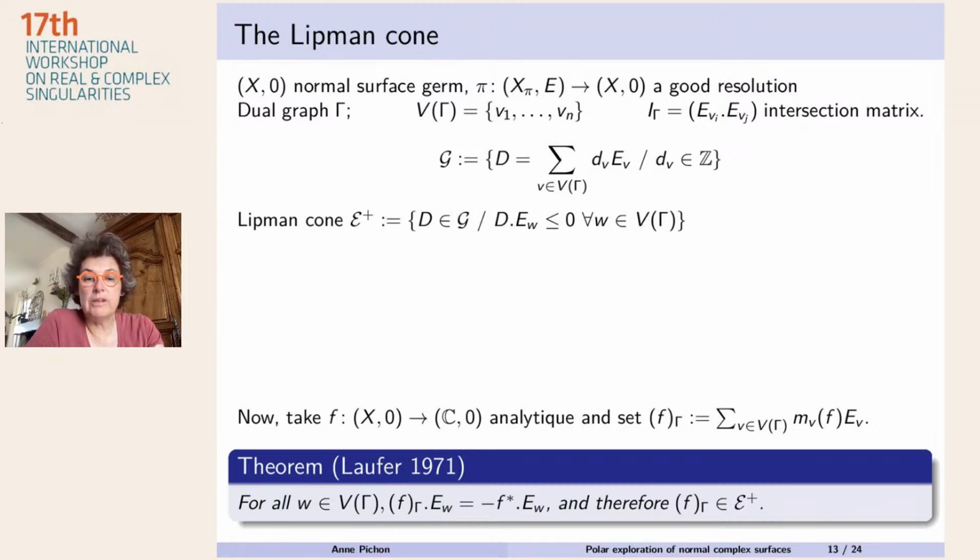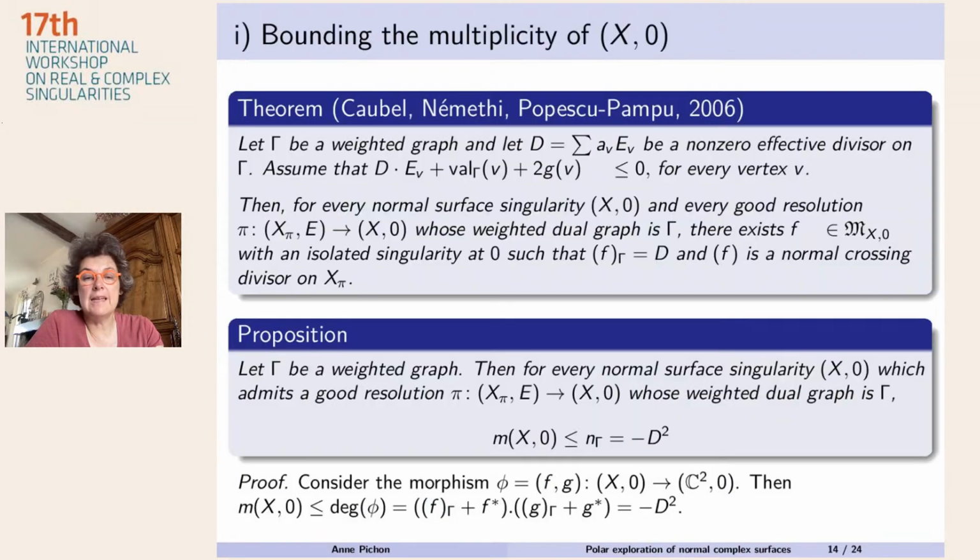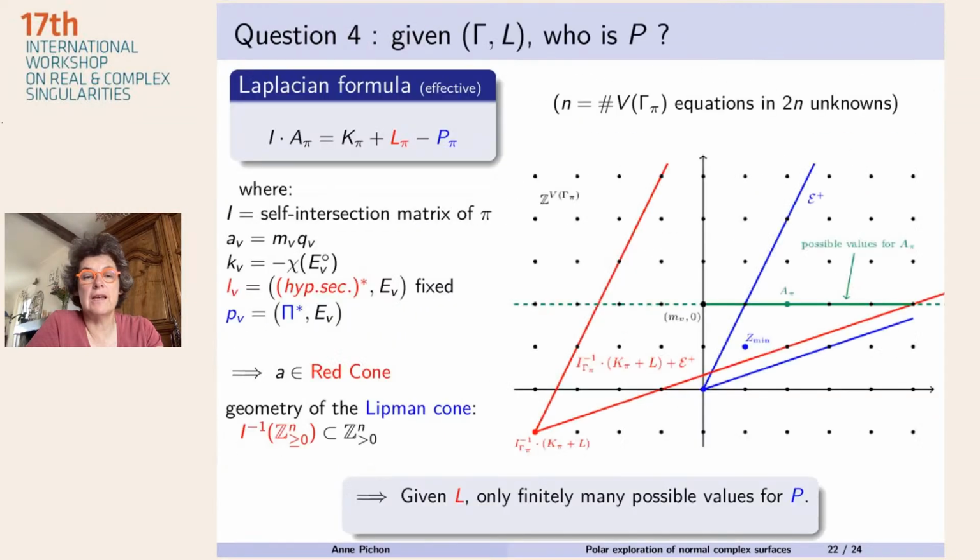I wanted to draw it there, but now I will go to my last slide because I wrote it on my last slide. So what you see is exactly the blue cone, the sector which is limited by the blue cone you see on the right of the picture, okay?